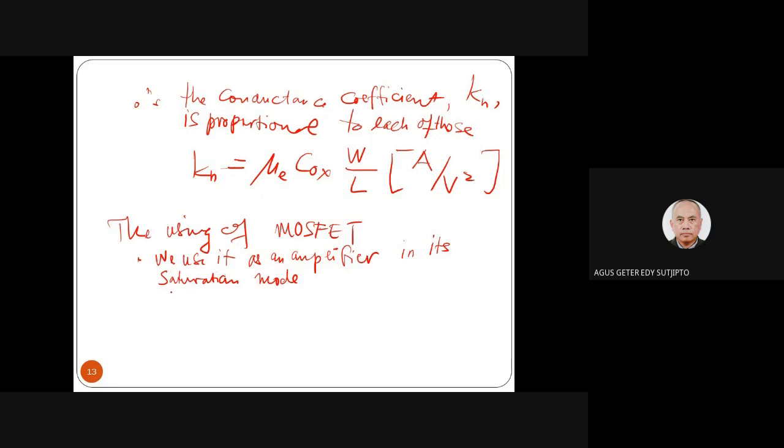Remember, in the BJT, the transistor is an amplifier as well. In MOSFET saturation mode it is an amplifier. In BJT it is an amplifier. So in MOSFET, FET or BJT, we have a saturation mode as an amplifier.